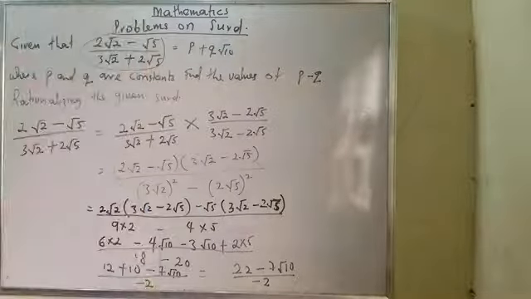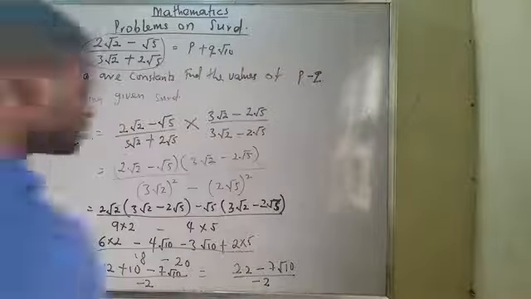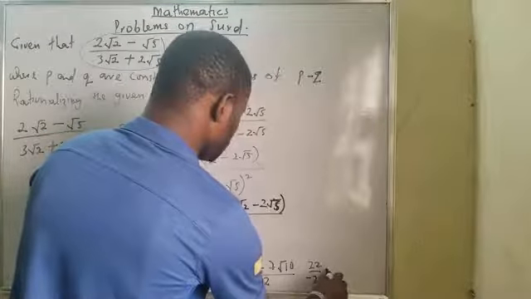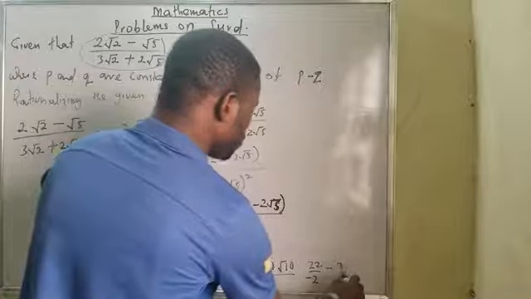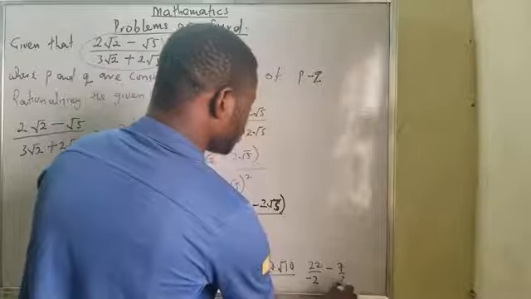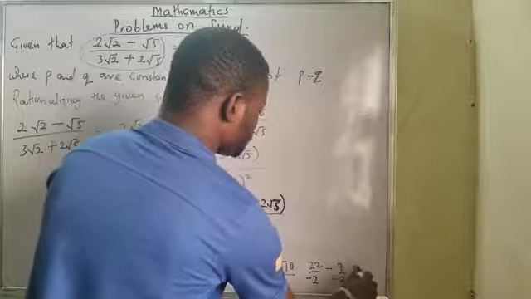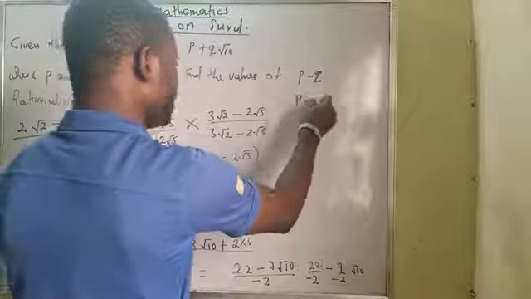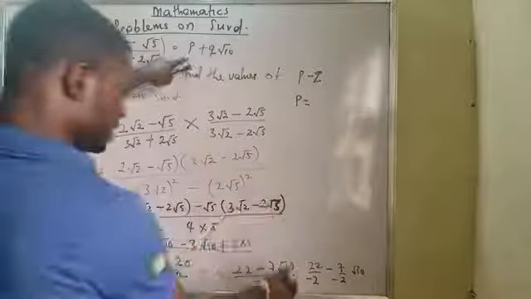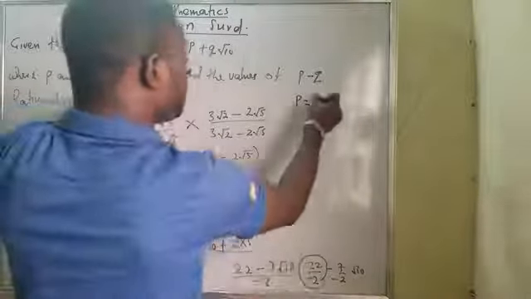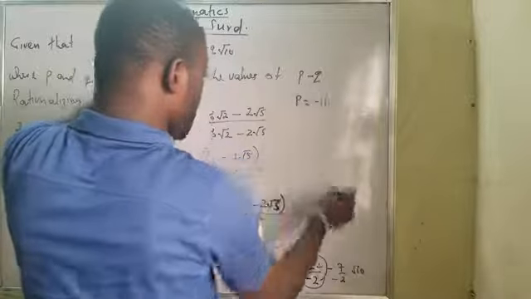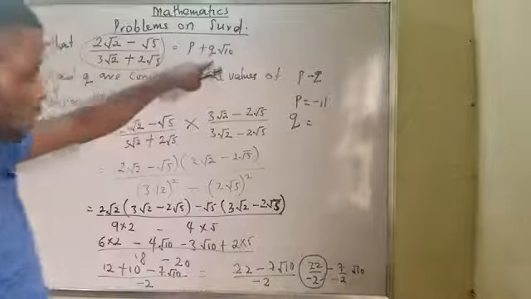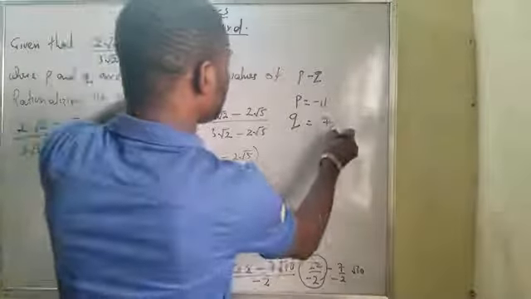Now, don't forget you are looking for p and q. It means I can say 22 divided by minus 2, minus 19 over 2 root 10. So my p equals minus 11, and my q equals 19 over 2.